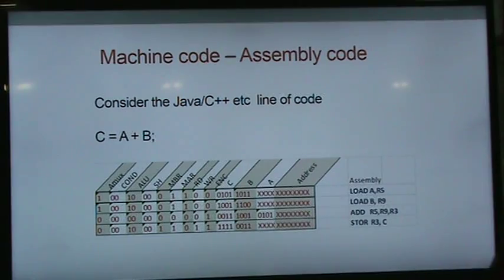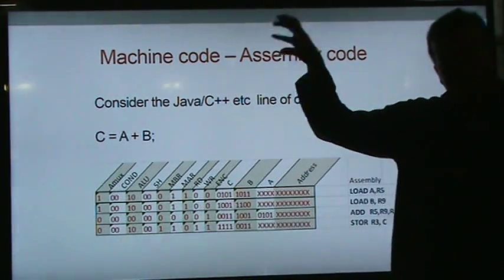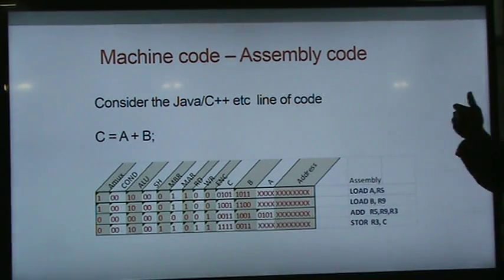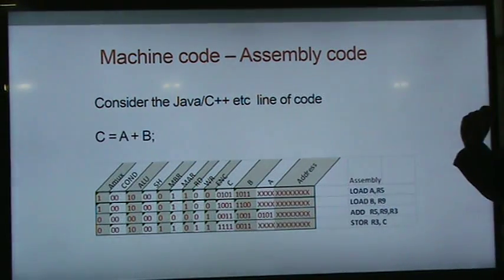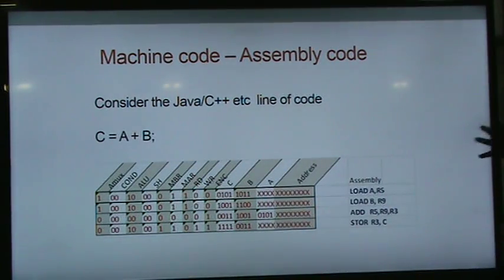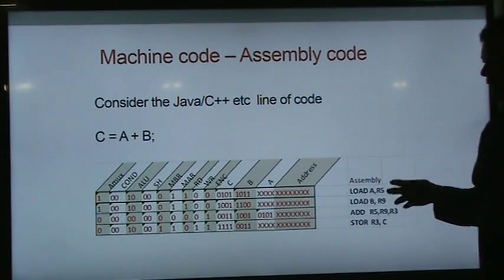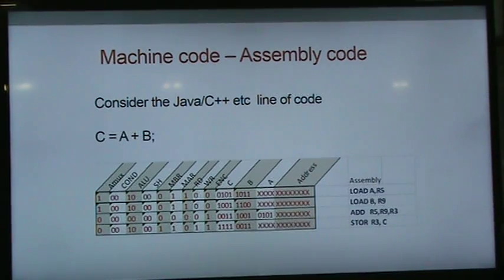Then the second step is we're going to have to get the value of B from memory, also store that in one of our registers. Then the third step would be to perform a mathematical operation, adding the 2 numbers together, and write that result into one of our registers. Then a 4th step would be to take that register and store it back into location C.